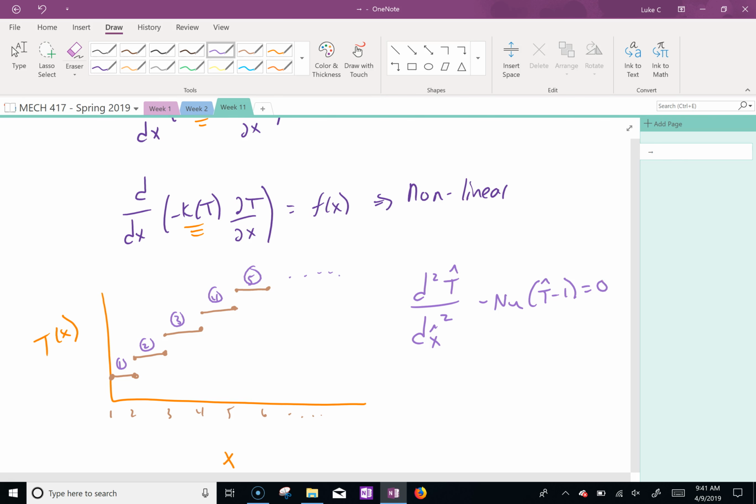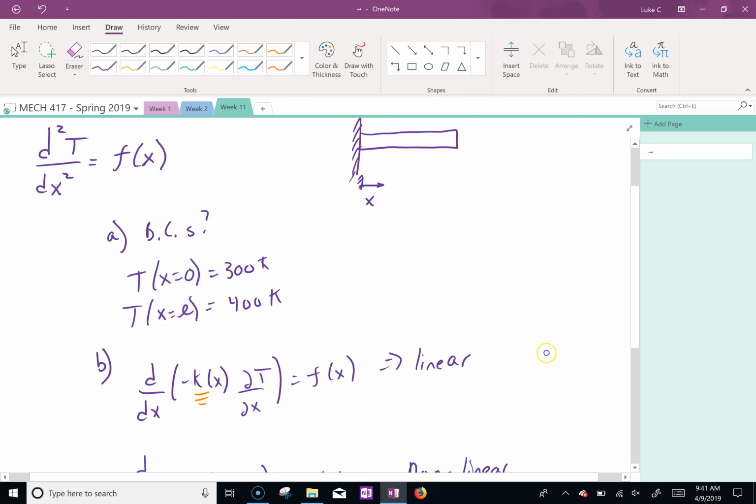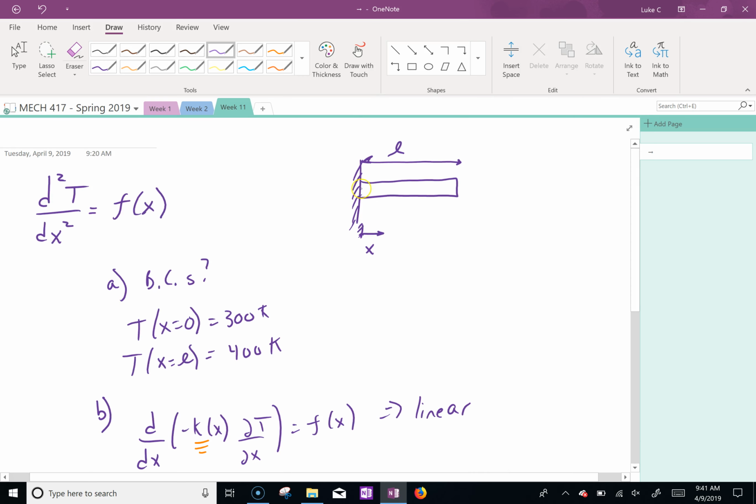And what we can do is assume that from here to here, between the nodes, it's a linear approximation, quadratic, cubic, to the fourth, fifth, whatever, it doesn't matter. So that's what I'm going to actually start showing you how to do.